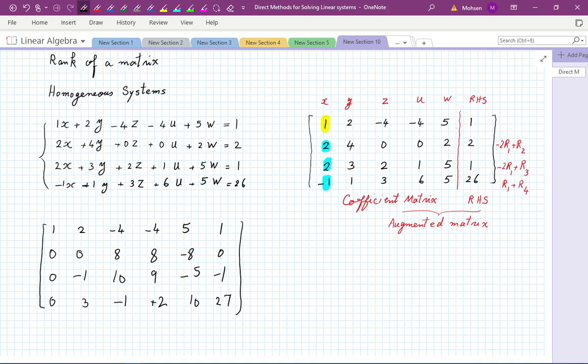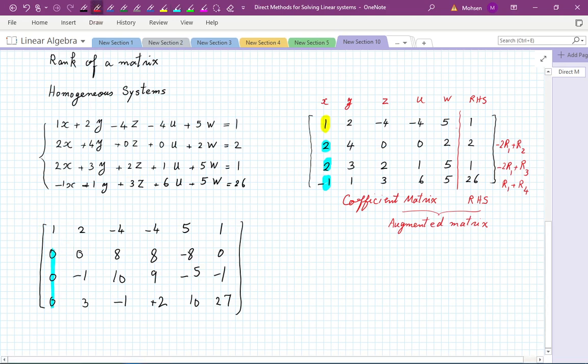So I aimed for these targets, and I achieved that by making this, which is called the sub-column. This sub-column has become entirely zeros. Now for the time being, our first row and first column are kind of out of commission.